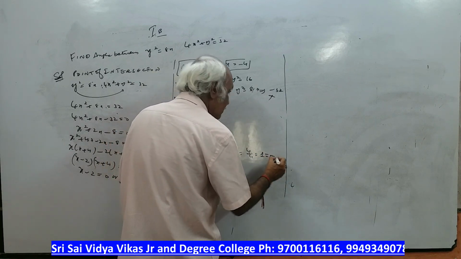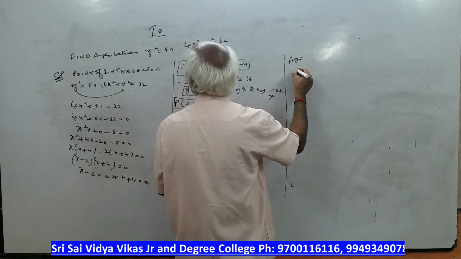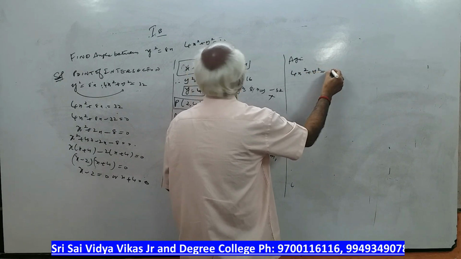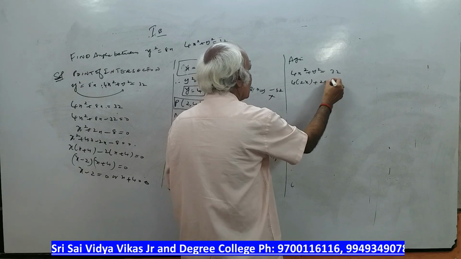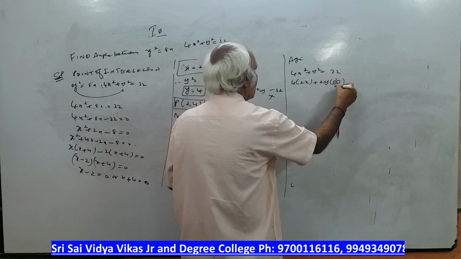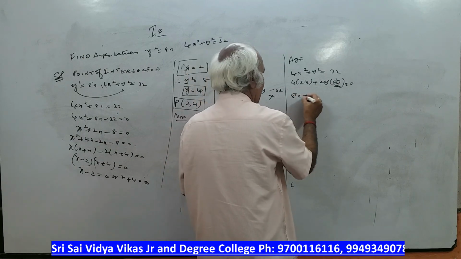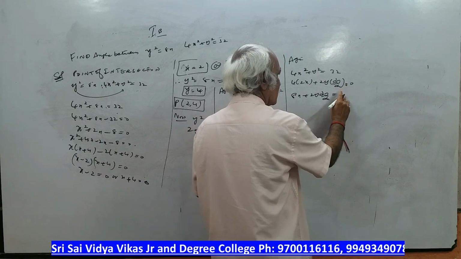This is m1. Okay, again, 4x square plus y square is equal to 32. So 4 into 2x plus 2y into dy by dx is equal to 0, because the derivative of a constant is 0. 8x plus 2y into dy by dx is equal to 0.